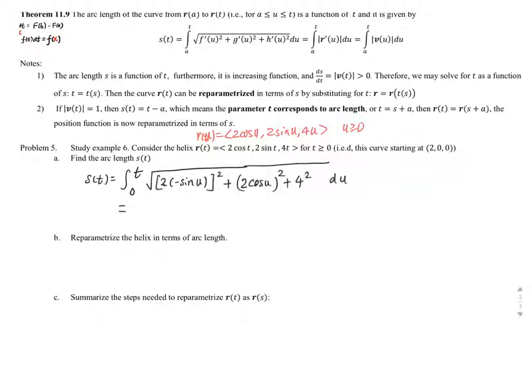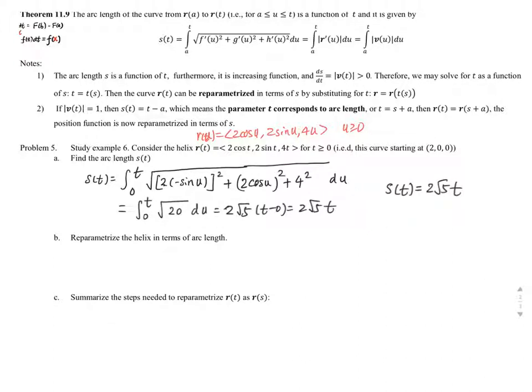Now sine u squared and cosine u squared add to 1, so we are left with just 2 squared, which is 4, and 16. So we have the integral from 0 to t of the square root of 4 plus 16, which is 20, du, which is 2 square root of 5 if you simplify. Then the antiderivative: this is constant, so it's just t minus 0, which is 2 square root of 5 times t. So in short, we found s is equal to 2 square root of 5 t.